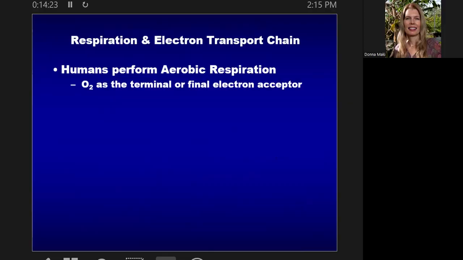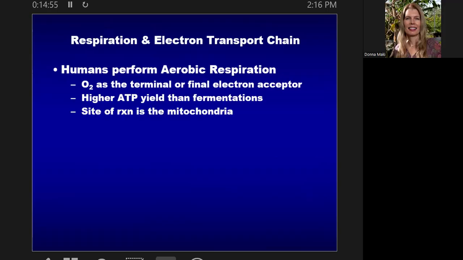So we are busy right now in our mitochondria. We have oxygen sitting at the end of an electron transport chain process. So it's the terminal or final electron acceptor. Because it's oxygen as the terminal acceptor, we get a lot of ATP from that. We get more ATP using oxygen than any other molecule; if we stuck something else besides oxygen there, it wouldn't do as good of a job.